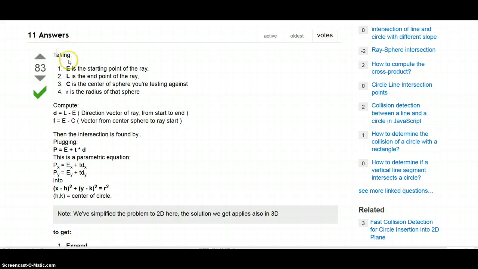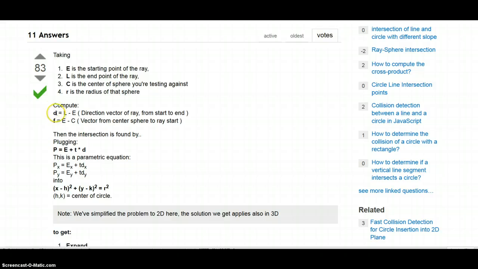So here are the determinations from E, L, C and R, where E is the starting point of the ray, L is the ending point of the ray, C is the center of the sphere, and R is the radius of the sphere. Using these values, D and F are calculated.